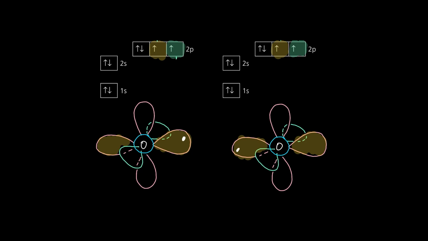I'm using dots. Obviously, the one that is not bonding already has two electrons. This one is your X, this one Y, and Z, whatever you want to call them. I've drawn it this way because this is easier to explain.